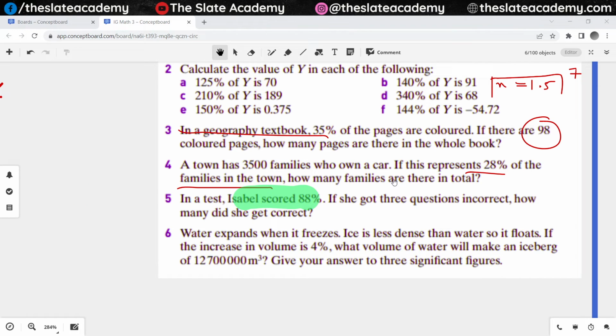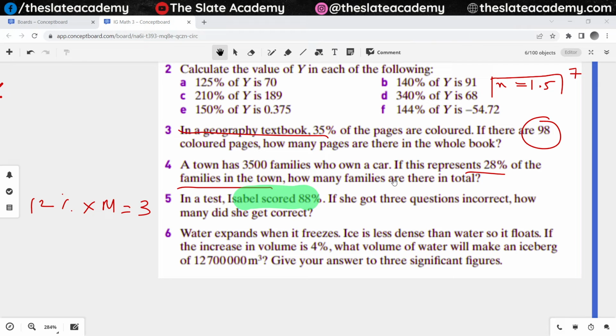12%. So she got, no, we will say 12% of total marks. Let's call that M. 12% of total marks is 3. Do Miss Anam and Miss Noor both understand this?